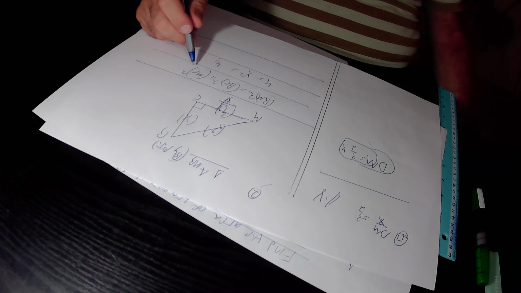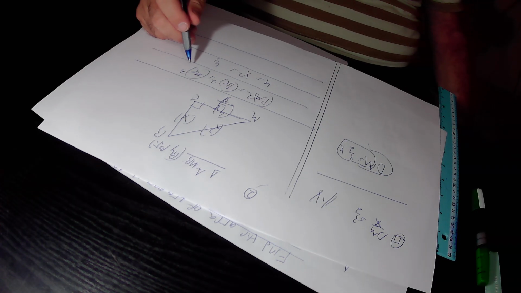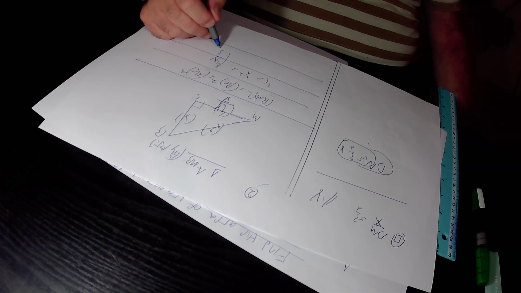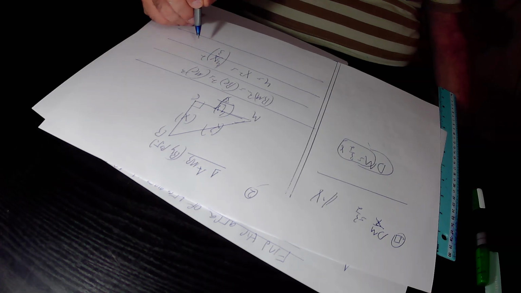Again, MC is 4x over 3. Therefore MC squared is 4x over 3 squared.